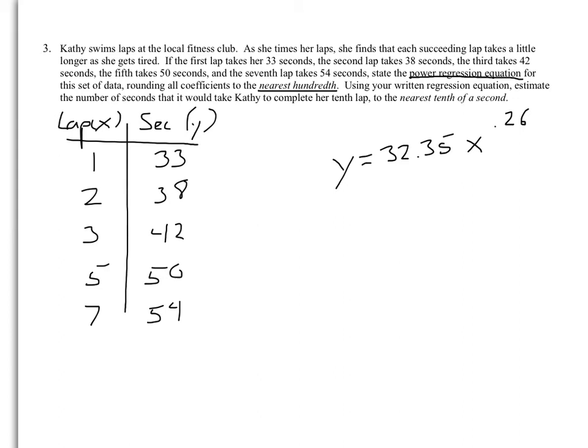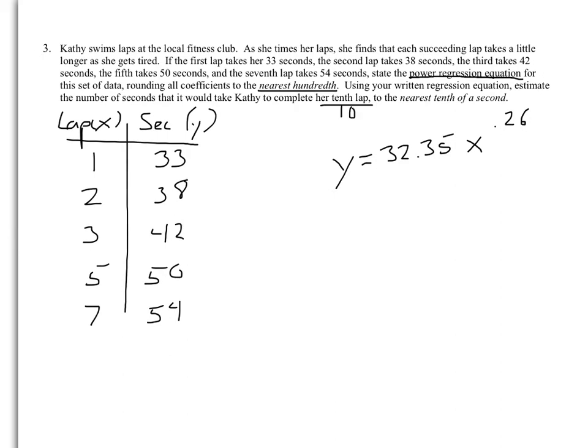Continuing on with the question, it asked me to use the power regression equation to estimate the number of seconds. It's asking me to find the number of seconds given that it's her 10th lap. So the 10th lap, would that be an input or an output? It would be an input, so I'd substitute that 10 in for my x value.